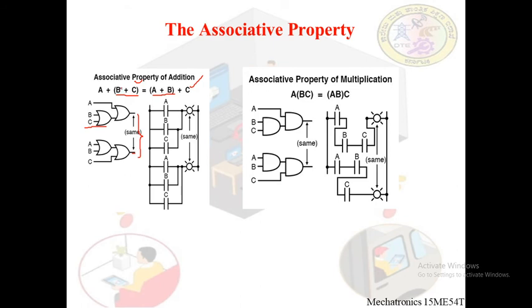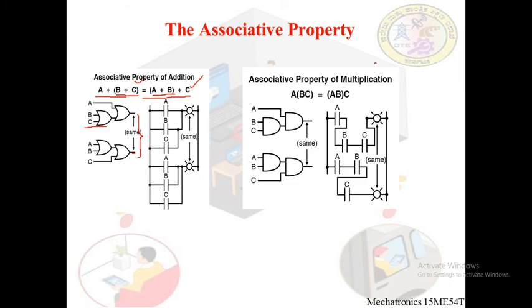As an activity, you can try verifying this associative property of addition as well as multiplication using the truth table. The only difference is here we'll be getting 8 rows of inputs for 3 possible input values.